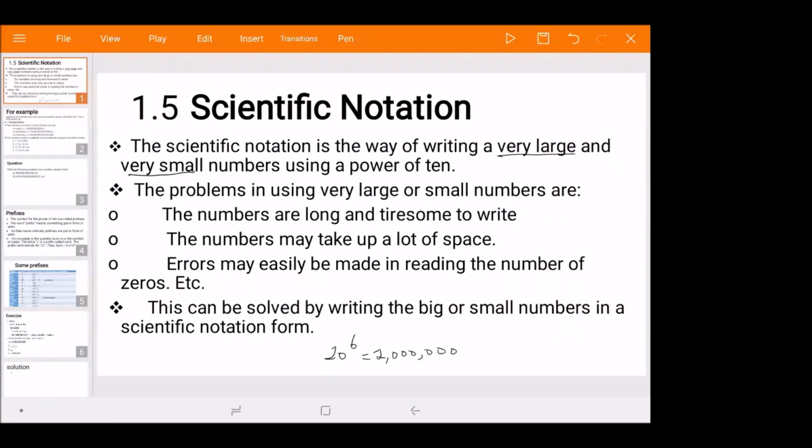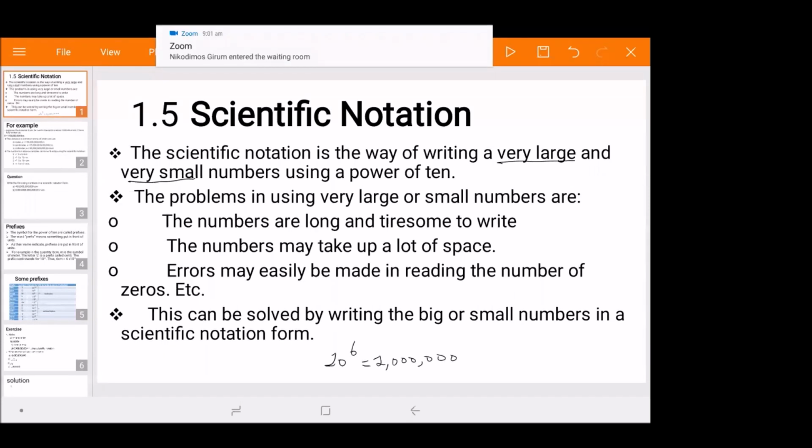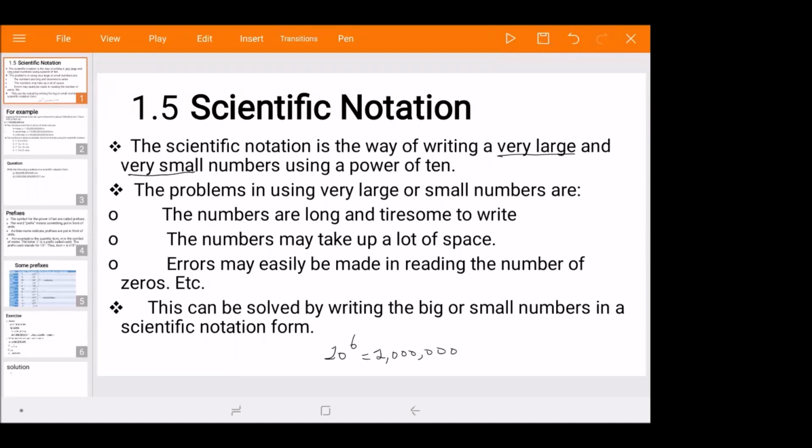This is a very large number, by the way. If you convert this distance into meters, centimeters, or millimeters, it may take a lot of space. By scientific notation, you can write this distance in scientific notation form, okay?